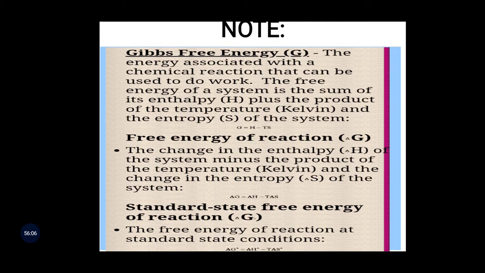Then the free energy of reaction, in that case, is where you have your change in G equals your change in enthalpy minus temperature multiplied by change in entropy. So you take note of this formula.